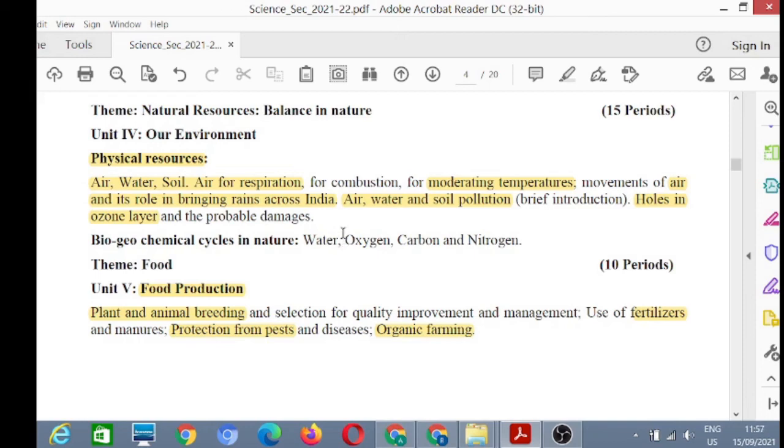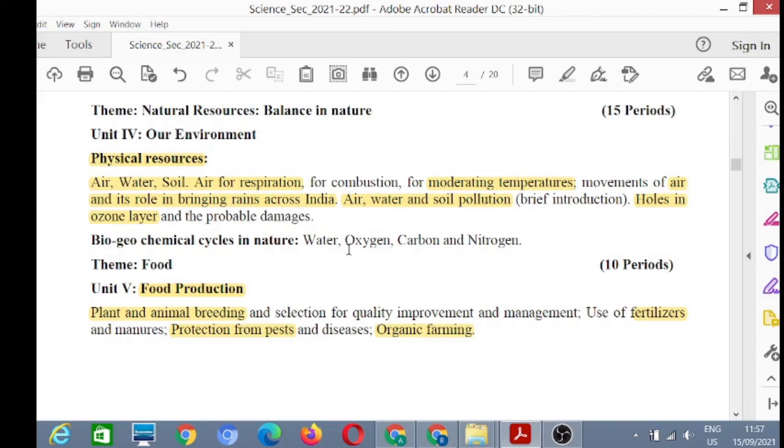So these vapors are stored in the form of clouds, and these clouds move from one place to another due to transportation of wind or air.